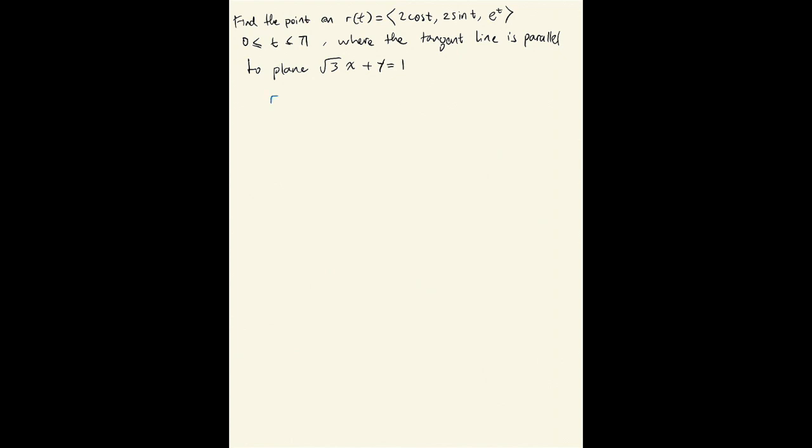So your r is 2 cosine t. So the tangent line of the curve is parallel to this plane. So we need to find the tangent line. And then, because it's parallel, remember that it will be orthogonal to the normal of the plane, right?